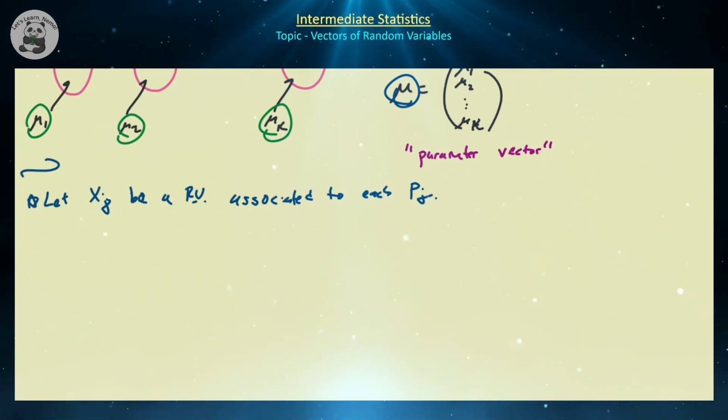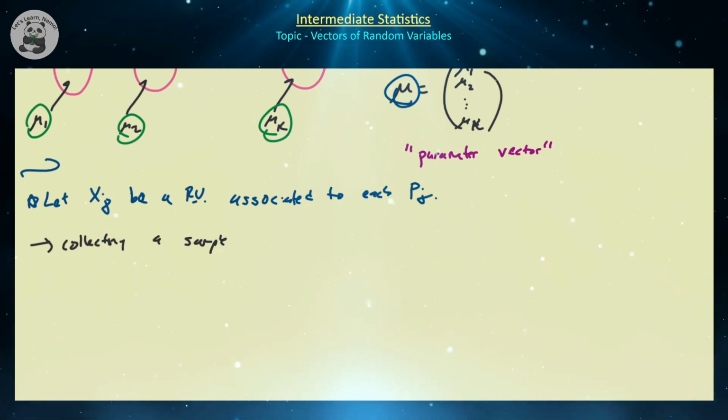Therefore, this mu vector, or parameter vector, encapsulates the means of all the characteristics associated to you. Let Xj be a random variable for each of those: X1 could be blood pressure, X2 happiness, and Xk the amount of sleep you get. Then we collect a sample, Sj, belonging to Pj.